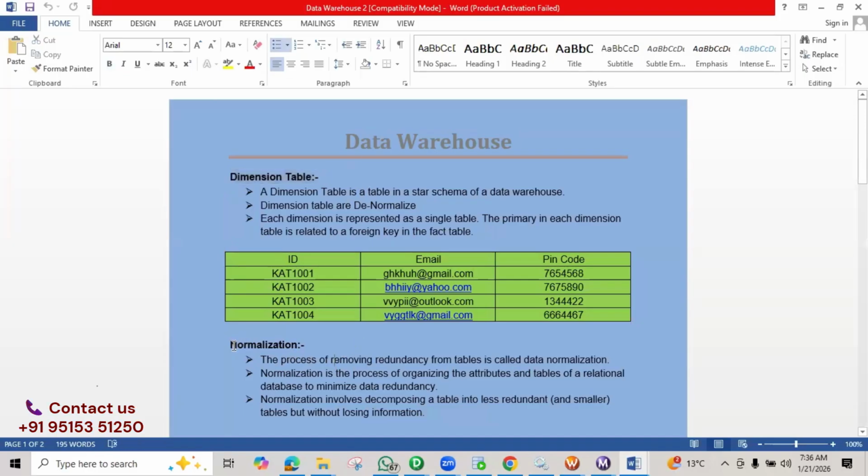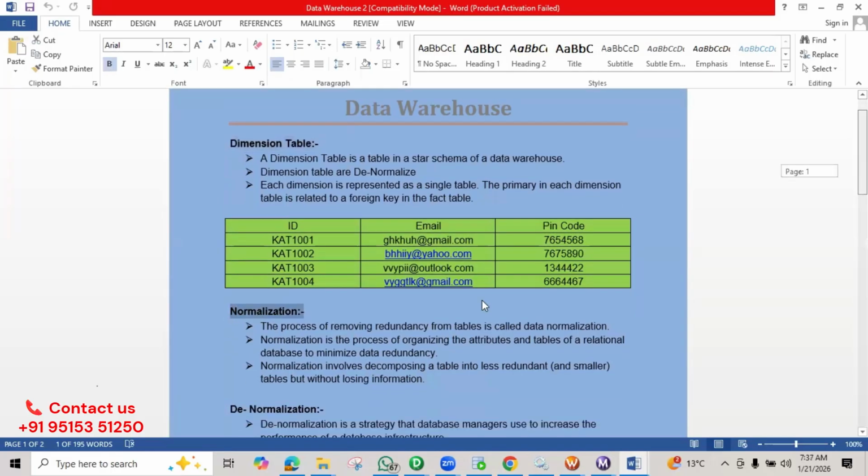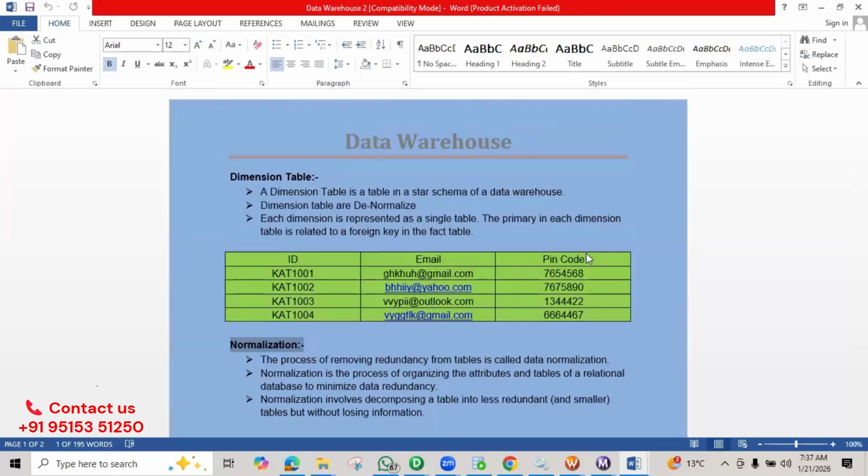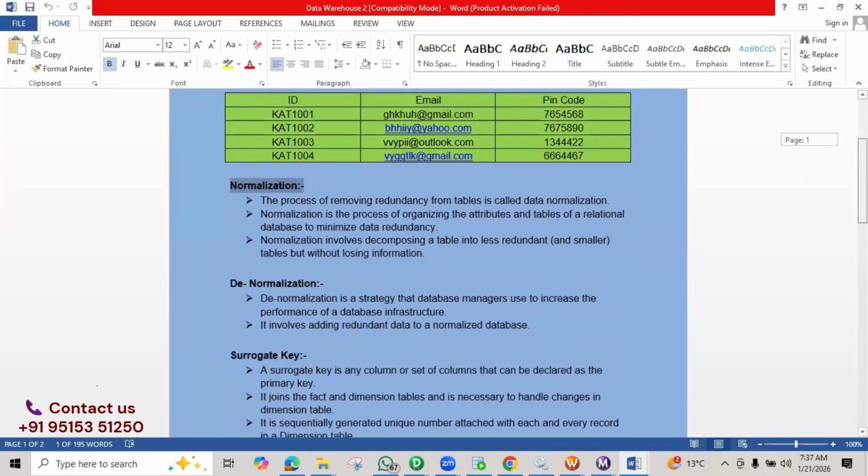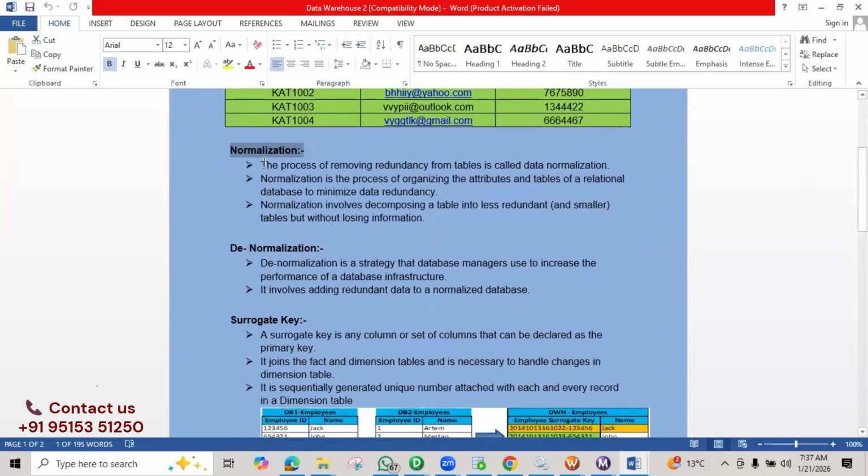The next one is normalization. What is normalization? Normalization is the process of removing redundancy from the table. Redundancy means duplicate value.